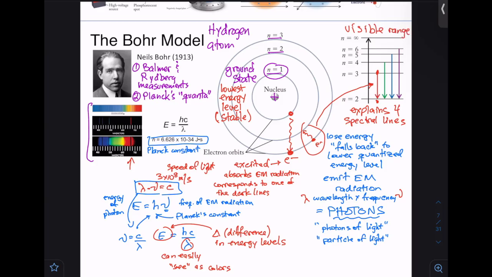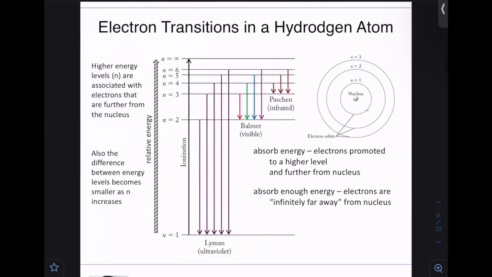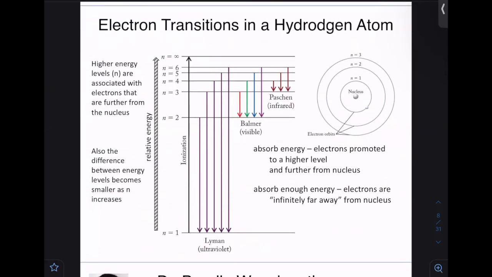There were only 4 transitions in the visible range. But later on, when we came up with those other detectors, we can make measurements in the ultraviolet range. We can make measurements in the infrared range. So now we've covered all the possible transitions, going up to n equals 6.